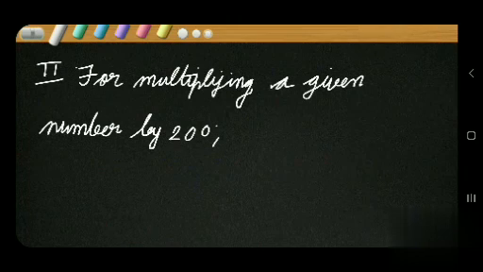Yes, first we have to multiply it with 2. Then 2 zeros on the right side.